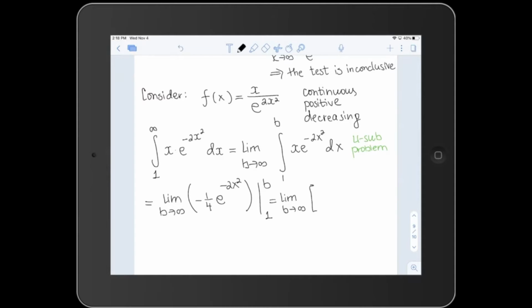What do we get here? I can rewrite it as negative 1/4 times 1 over e to the power 2b squared. I think this way is a little easier to see what happens to this expression. Let me pull this negative 1/4 out.